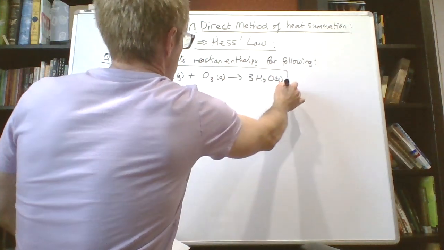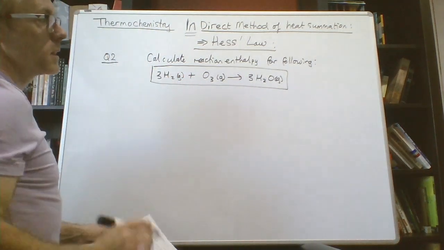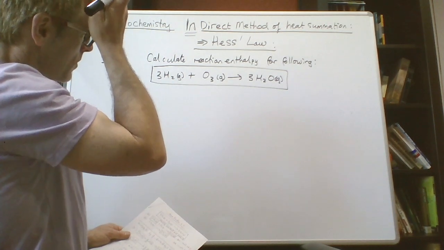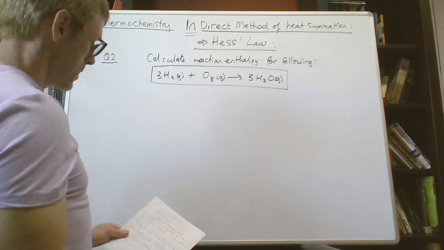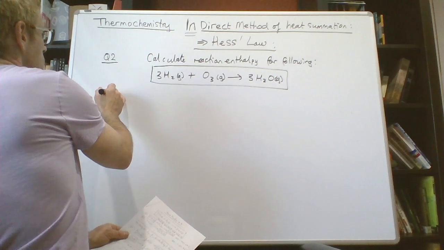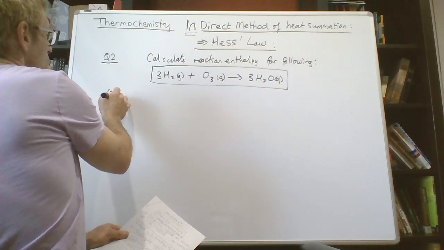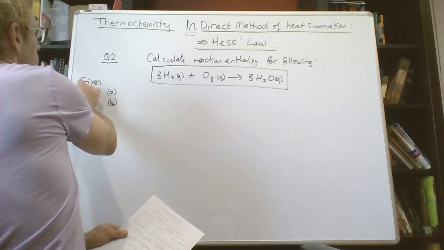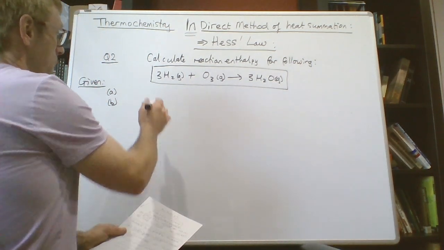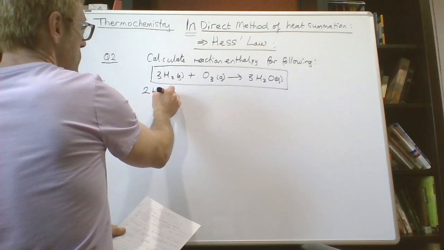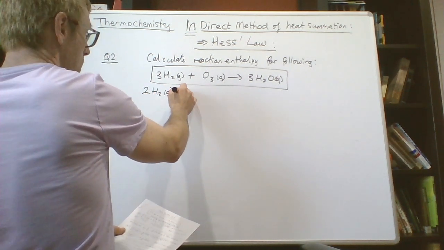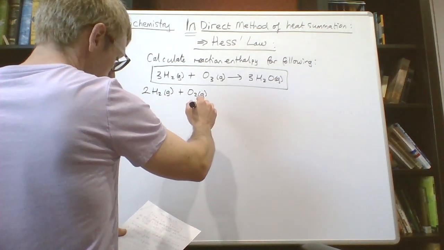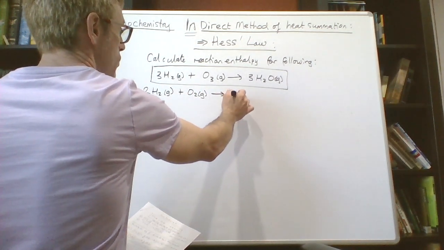So that's our puzzle we need to solve. What's the enthalpy change for that? How much energy is exchanged during that process? And we're given some information. We're given A and B. We're given information that 2 lots of H2 gas and oxygen can come together to make 2 lots of water.